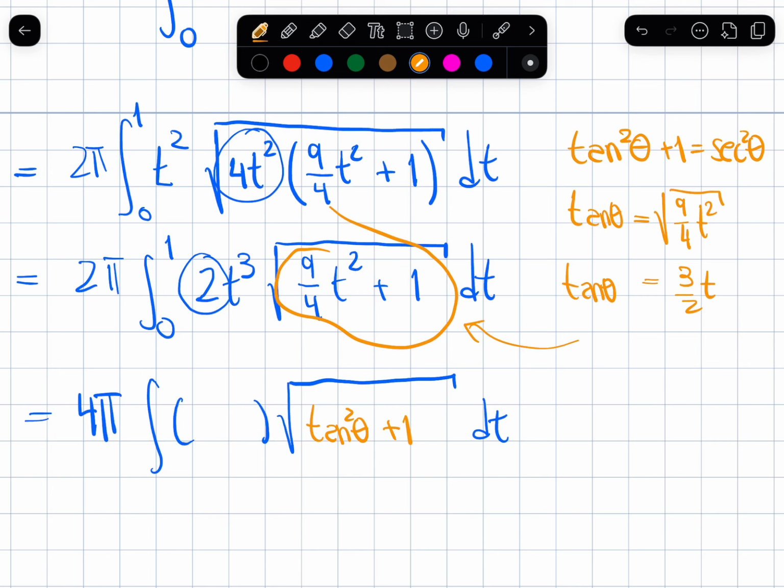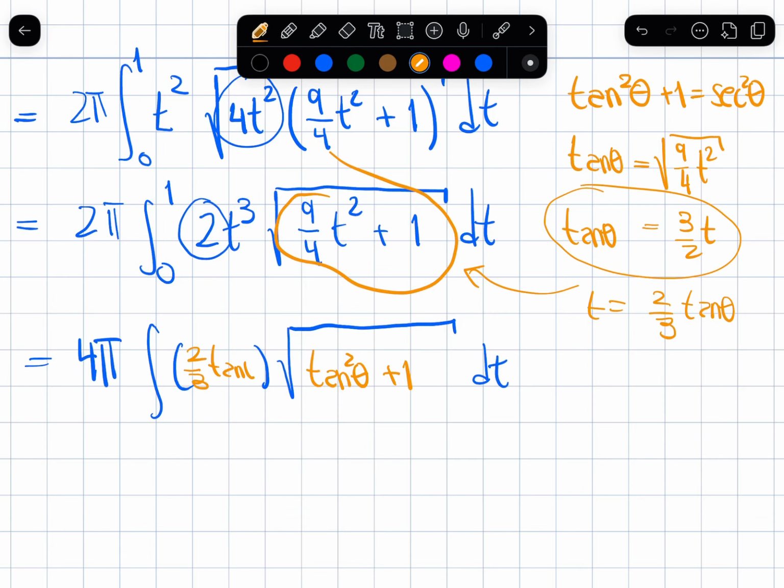So what is t though? If I look at this, isn't t the same as 2/3 tangent theta? So I get to write that out there as 2/3 tangent theta cubed. But then there's the dt that I also have to take care of. dt equals 2/3.